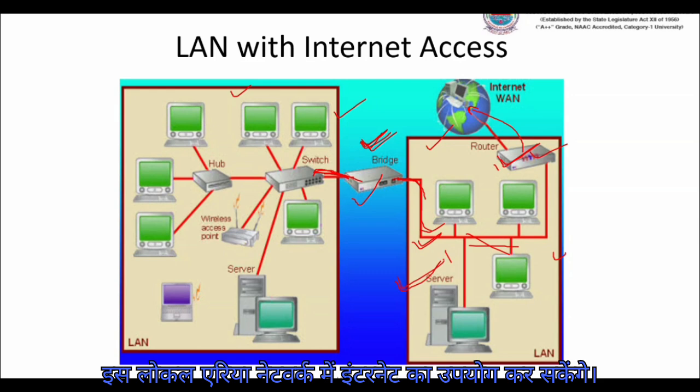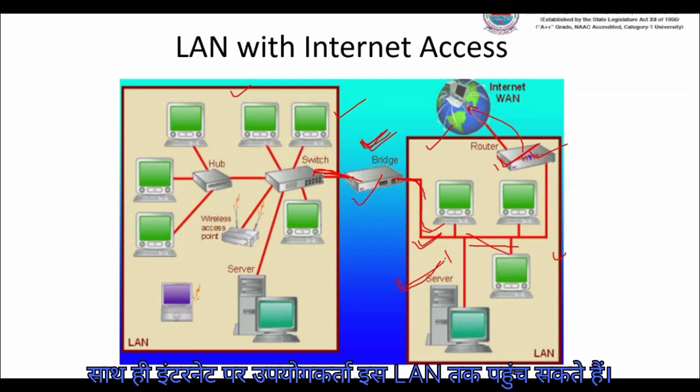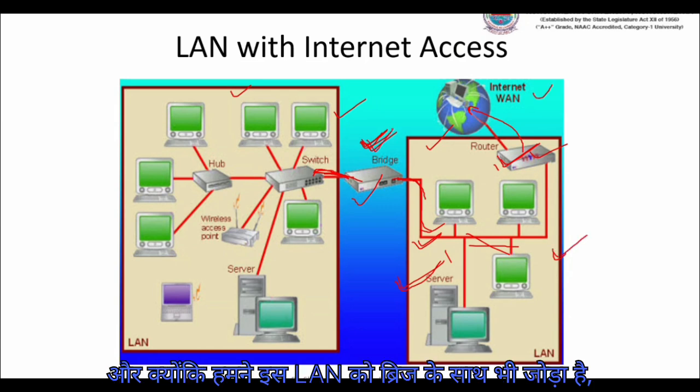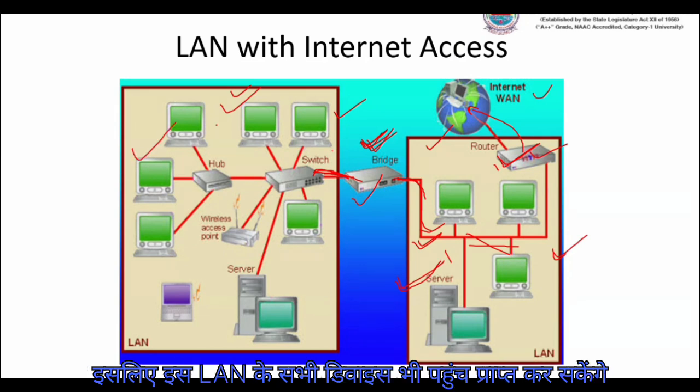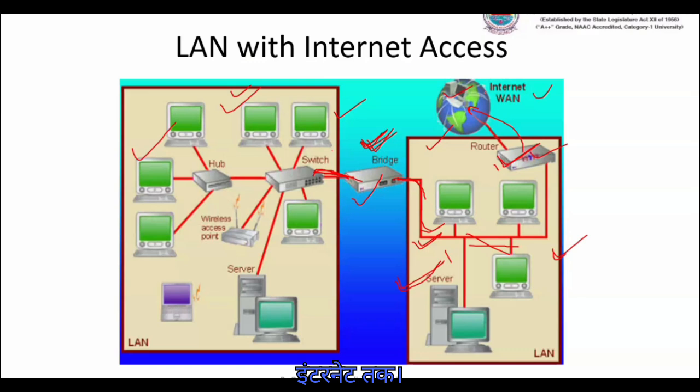So through this router, all devices in this local area network will be able to access the internet, as well as users on the internet can have access to this LAN. And because we have connected this LAN also with the bridge, all devices on this LAN also will be able to have access to the internet.